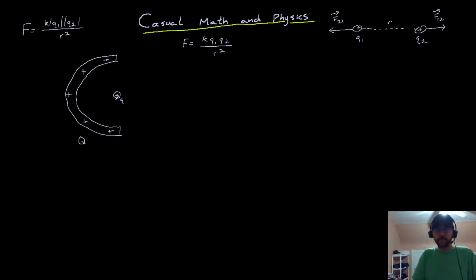So the issue is, what's the direction from this whole object to this little point charge? There is not really one direction, right? You have force pointing from every place.